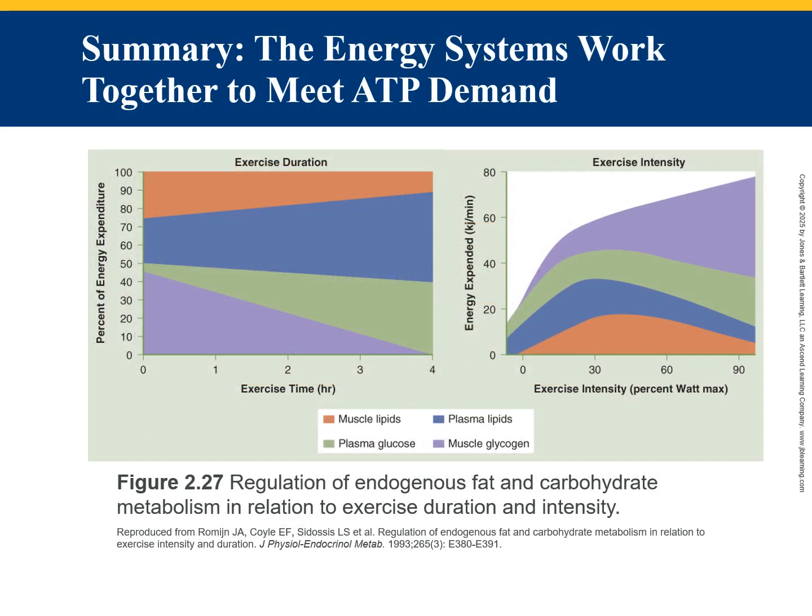This is a great way of being able to see how our sources of fuel change over time and change over intensity. So we primarily use fat or carbohydrate. Our fat can be located in little lipid molecules within the muscle, and that's going to be our muscle lipids, the orange.